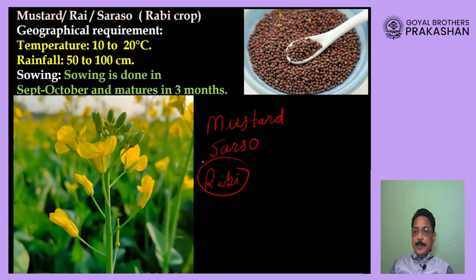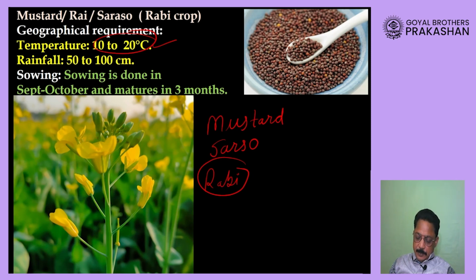Therefore it needs less temperature; 10 to 20 degrees Celsius is ideal for this crop, and it doesn't require very heavy rain. So 50 to 100 centimeters is enough for this crop. We carry out the sowing in September and October, and harvesting is done after 3 months, somewhere in January and February. Okay, dear students.